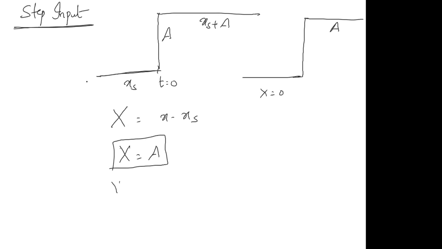If you apply the Laplace transform, capital X is equal to a by s. So the Laplace transform of a step input is a by s. A step input is a parameter that changes from its nominal value xs and suddenly changes by a units and settles at a new value.